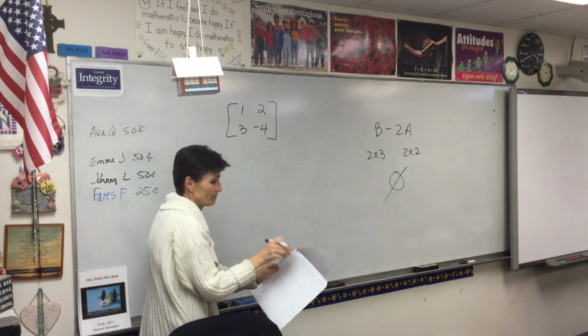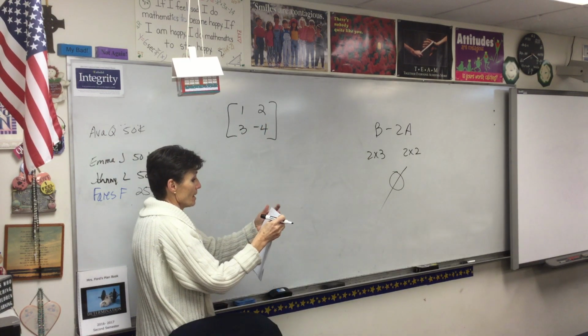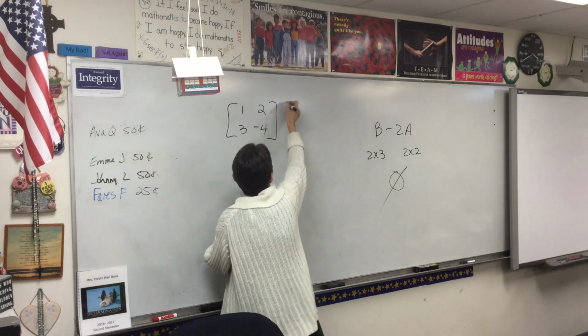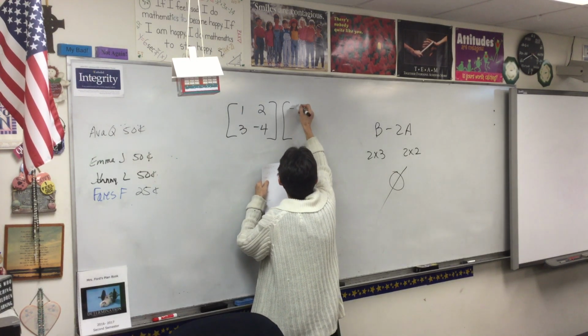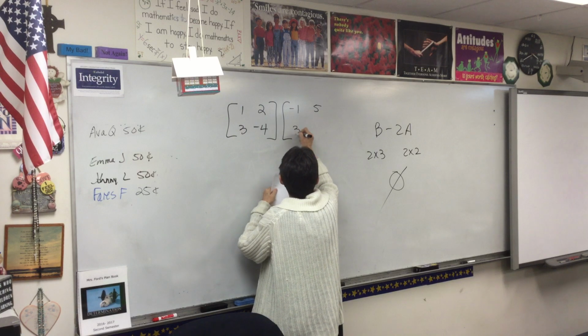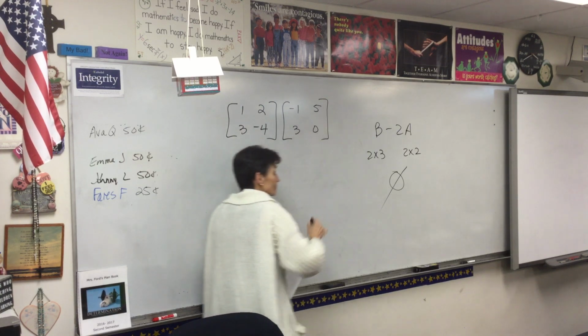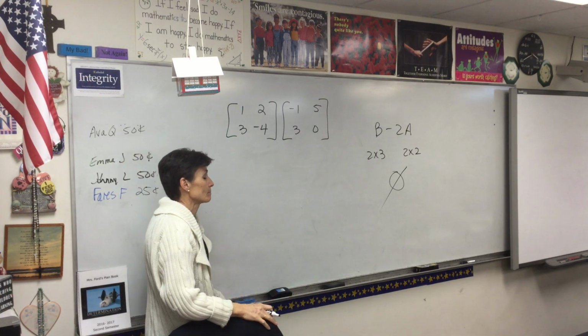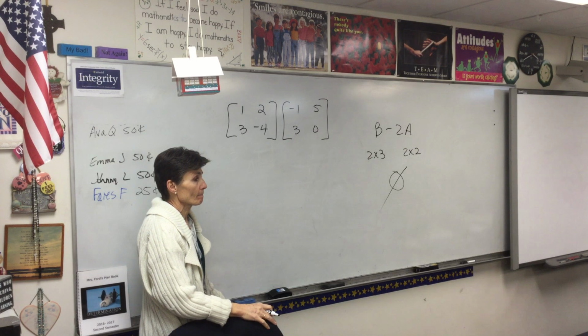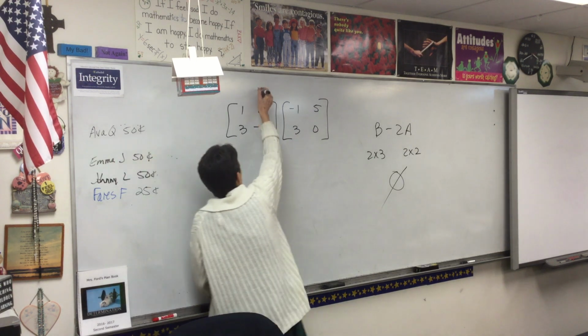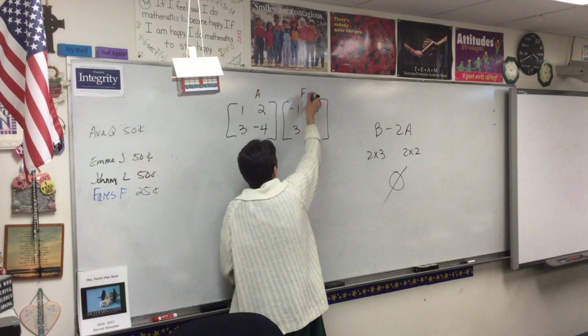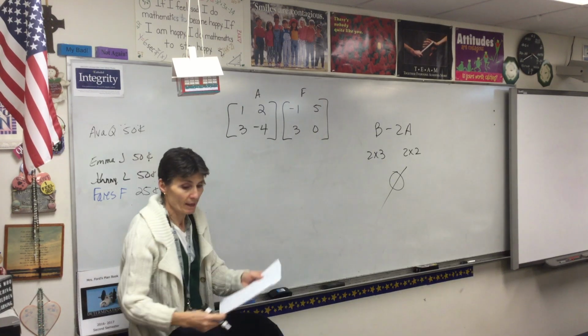There's A. And I am going to multiply that times F. So this is A, and this is F. Everybody okay with that? I'm going to multiply them.